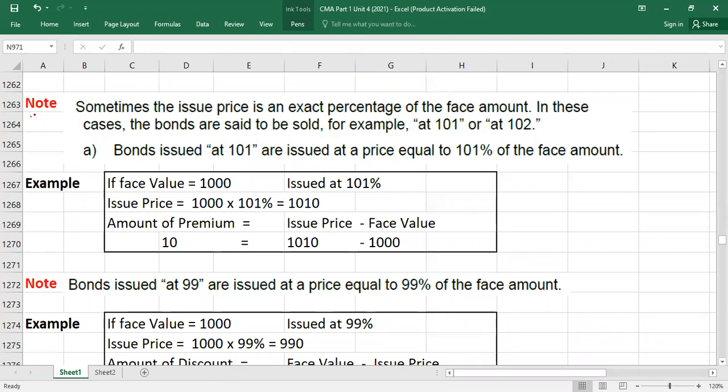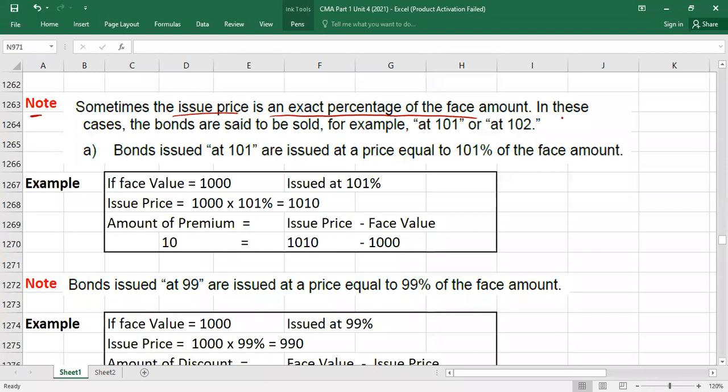Note number 1. This is the second way to get the amount of premium or discount, right? So guys, sometimes the issue price, which previously we were determining by using present values, is an exact percentage of face amount.